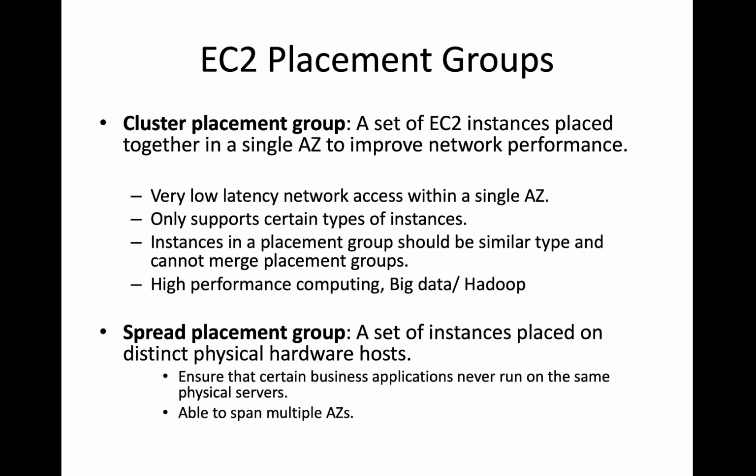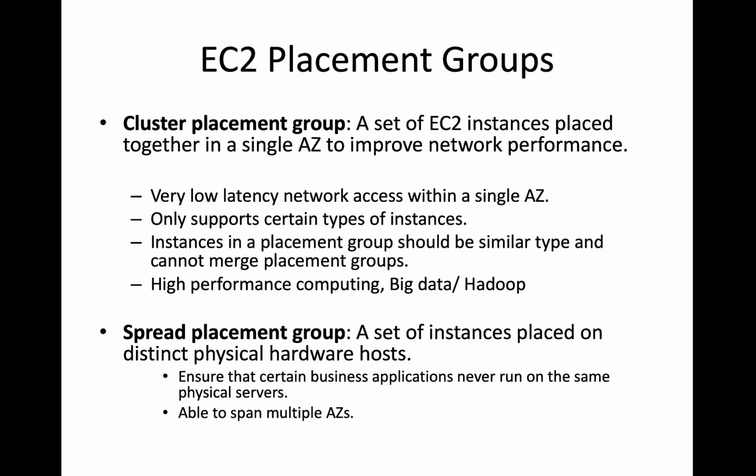A couple last remaining items. When you are deploying EC2 instances, you have the option of deploying an instance into something called a placement group. And there are two different types of placement groups that are available. One is what we call a cluster placement group.